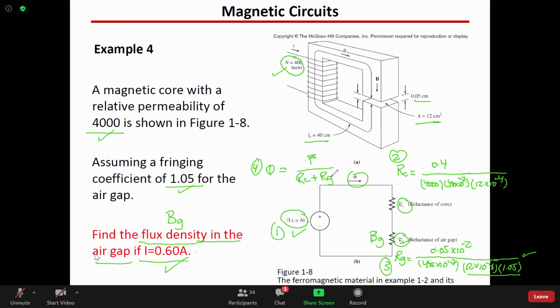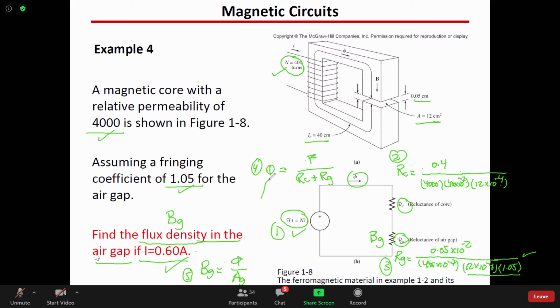What's next? Density. Flux divided by area. Yes, there is an equation for B. I'm going to write it here, which is step 5. Now, B will be flux divided by the area of the gap.